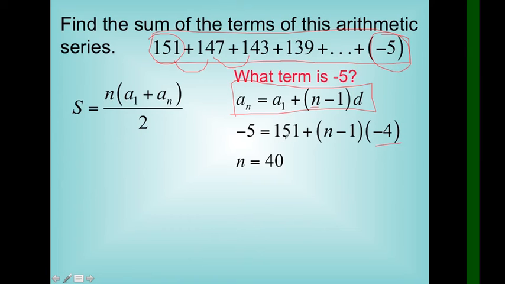Okay? So, ililipat muna natin si 151, that's negative 151. And negative 151 minus 5, that's equal to negative 156, right? And that is negative 156 equals n minus 1 times 4.